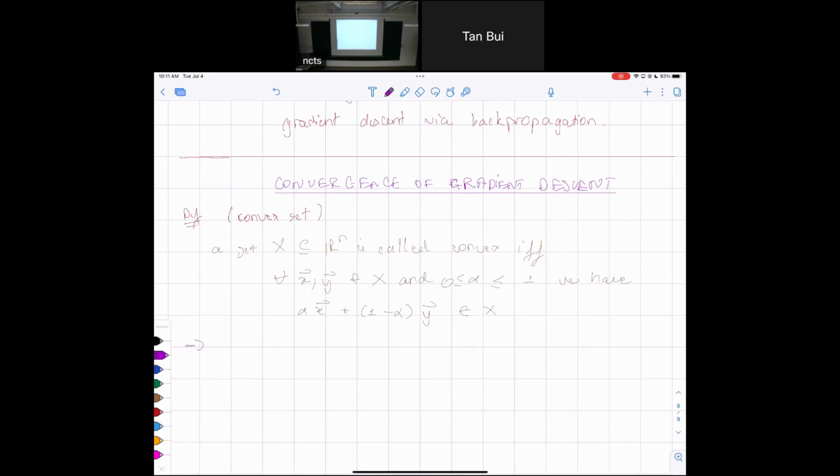A consequence is that, by definition, the whole segment between x and y belongs to X if x and y belong to X, therefore convex sets.